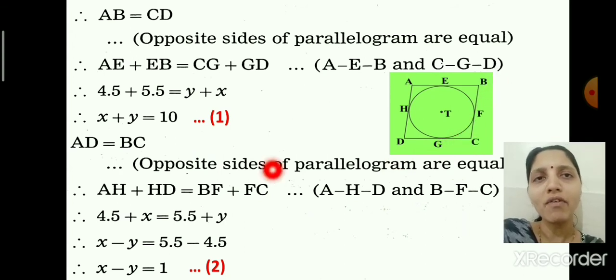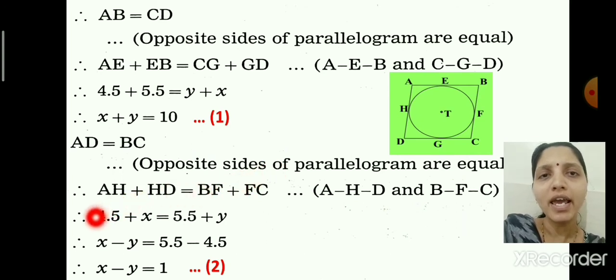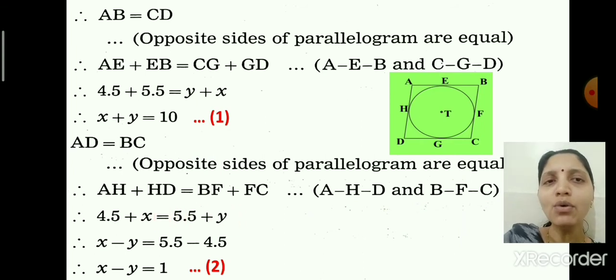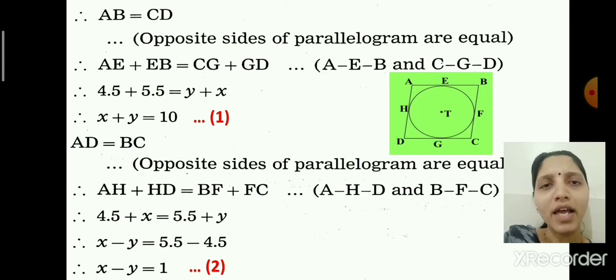Now substitute the values here. AH is 4.5, HD is X, that is equal to BF is 5.5 and FC is Y. So you will get here X minus Y is equal to 5.5 minus 4.5, that is equal to 1. Write this equation as equation 2.